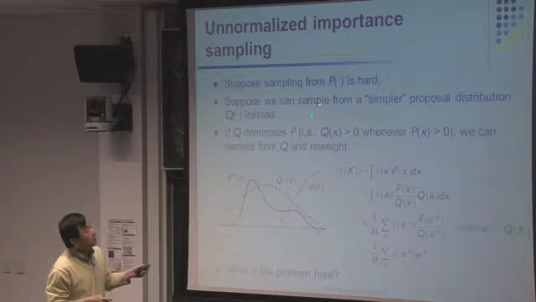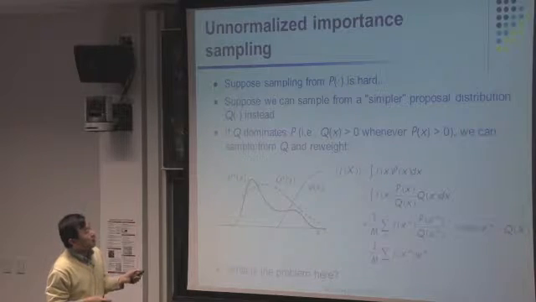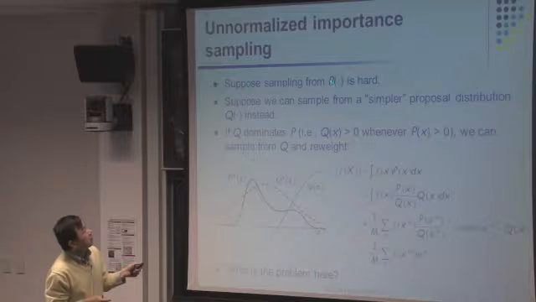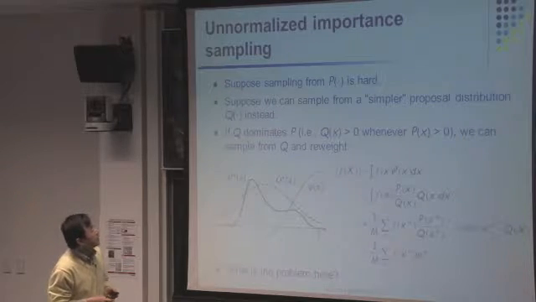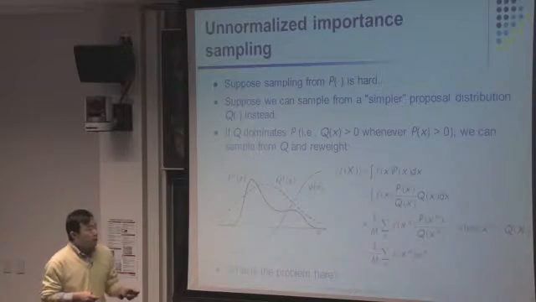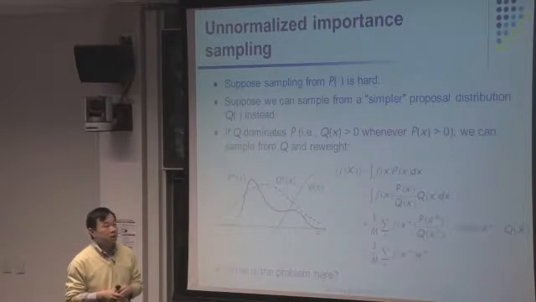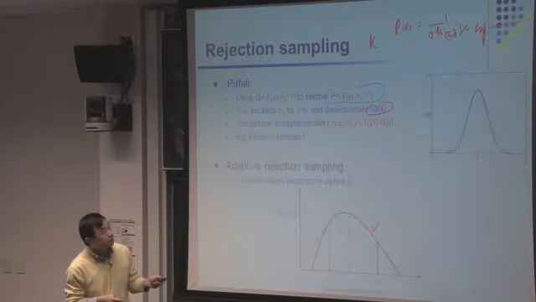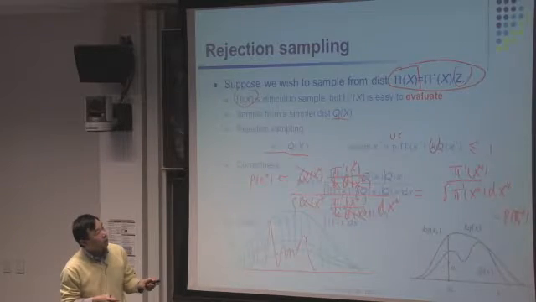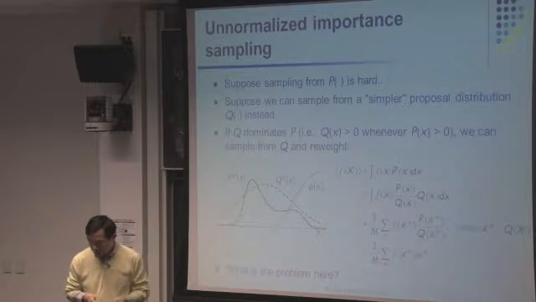Now suppose again we can sample from this simple distribution Q, and also we can evaluate the unnormalized P. Then how about we do the following? Instead of rejecting the sample using this formula, we are now going to create a weight for every example.